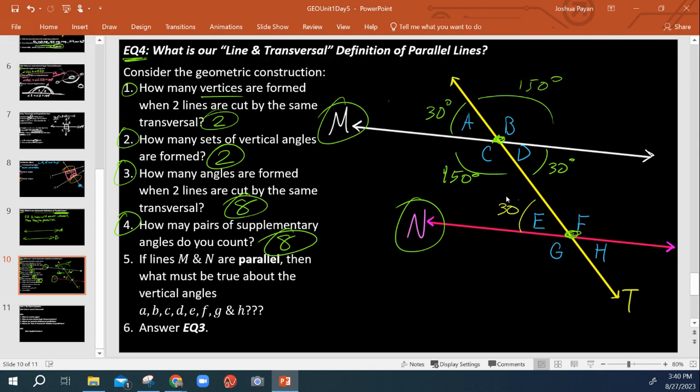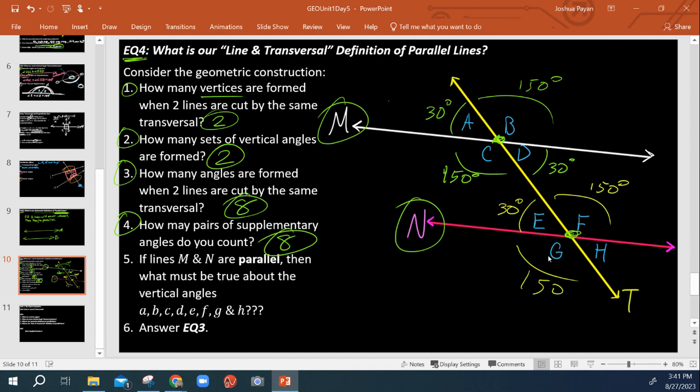If you have a ruler and protractor, feel free to prove this to yourself, but A and E would have to be congruent, which means F and B would have to be congruent as well. And if one of the angles is equal, it follows that they have to be supplementary. So the supplement of 30 would be 150 because that adds to 180.